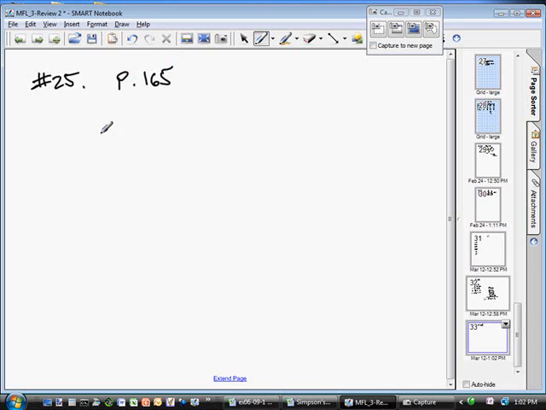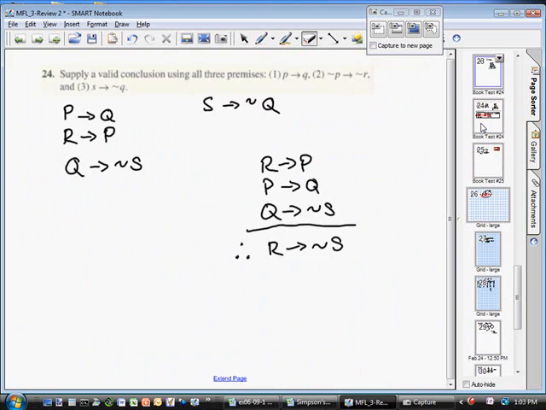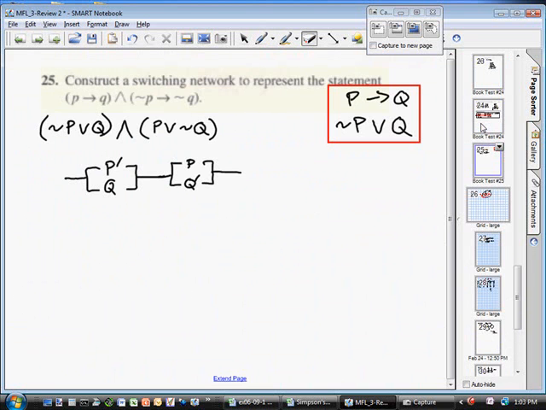If P then Q. If Q then R. If not S, then not R. Okay. 25. Okay. 25.